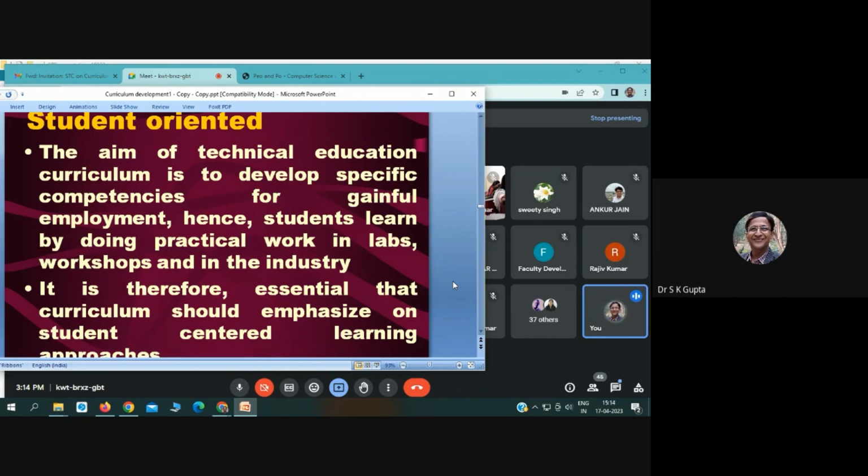It doesn't mean that you include everything on the earth in the curriculum. We also have to see what the level of the program is, diploma, certificate, or degree, and the level of the students also. So always we have to see the interest of the students.